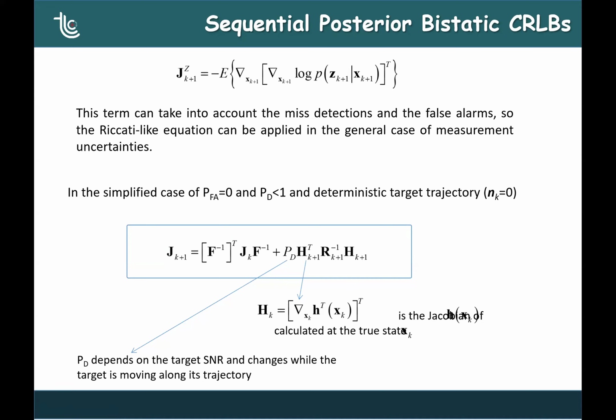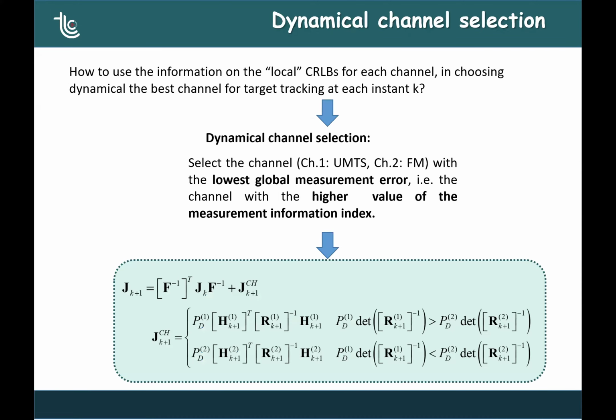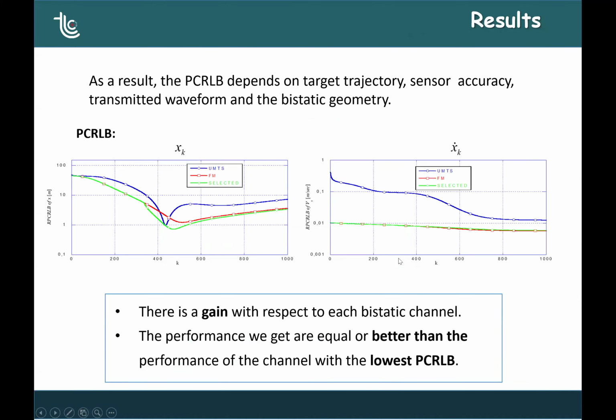So the whole principle that we are discussing here is exactly this: in choosing the channel, choose the best one, so that it has a better resolution and a better accuracy. I'm not explaining the details of this, but I will show you the results.